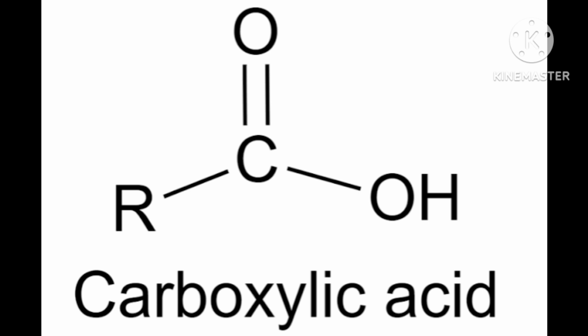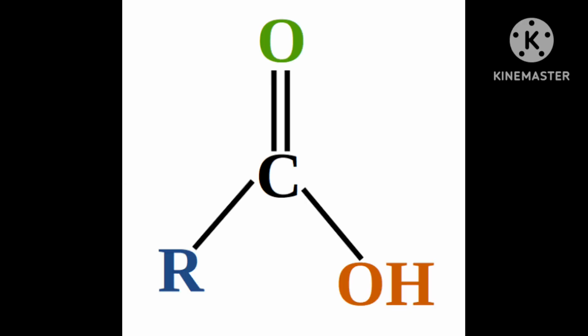Since carboxylic acids are among the earliest organic compounds to be isolated from nature, a large number of them are known by their common names. The common names end with the suffix ic acid, and have been derived from Latin or Greek names of their natural sources.